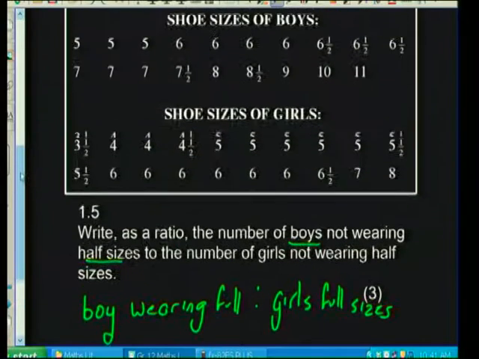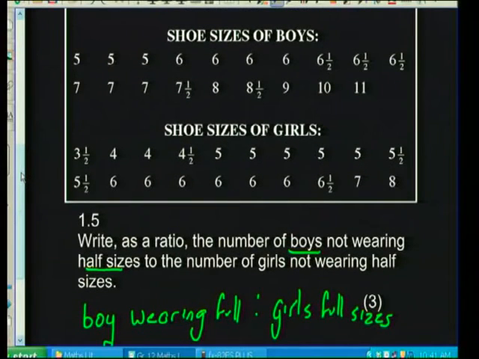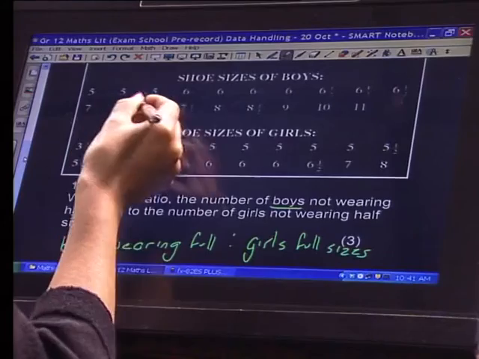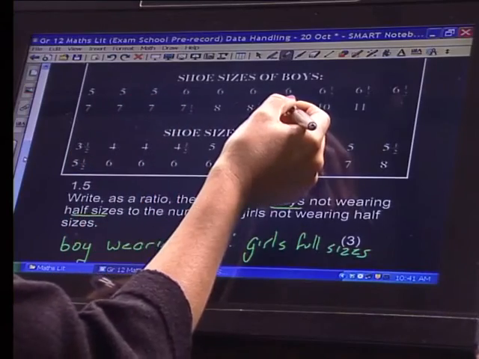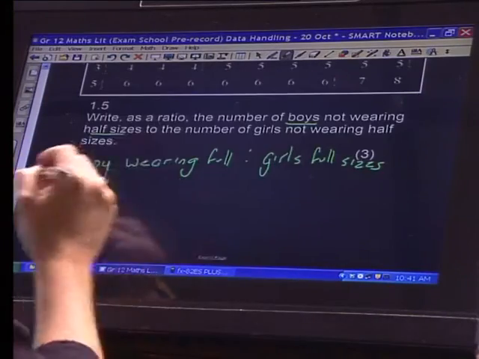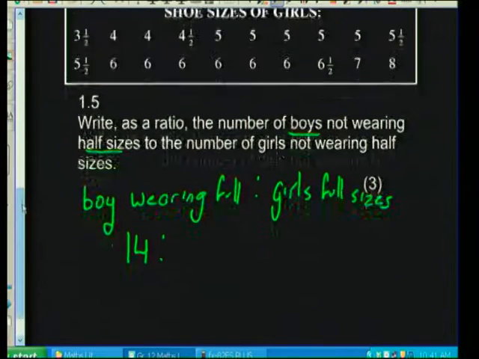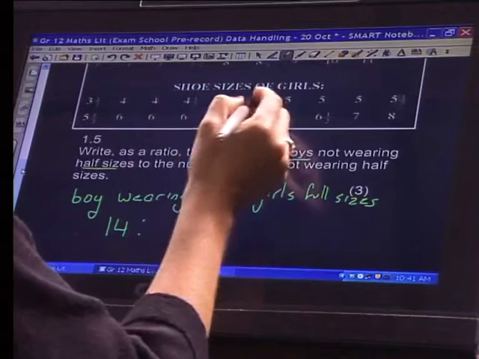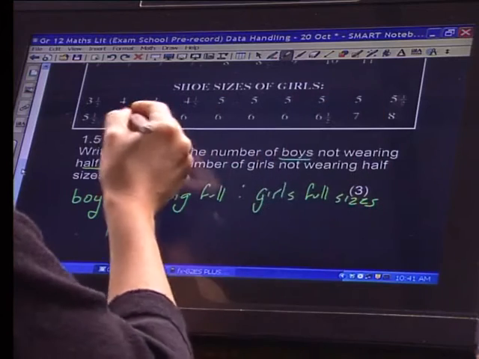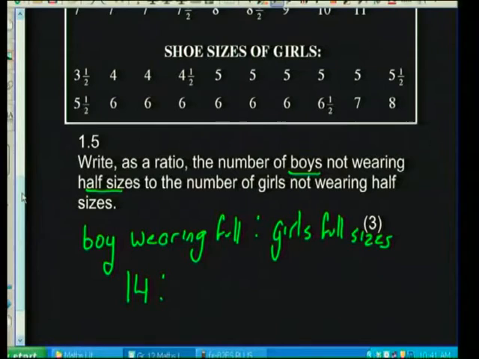So let's now go back to our data and count this. Well, my boys, I've got 2, 4, 6, 7, 8, 10, 11, 12, 13, 14. So I've got 14 boys. To the number of girls, and I count those, I've got 2, 4, 6, 8, 10, 12, 13, 14, 15.